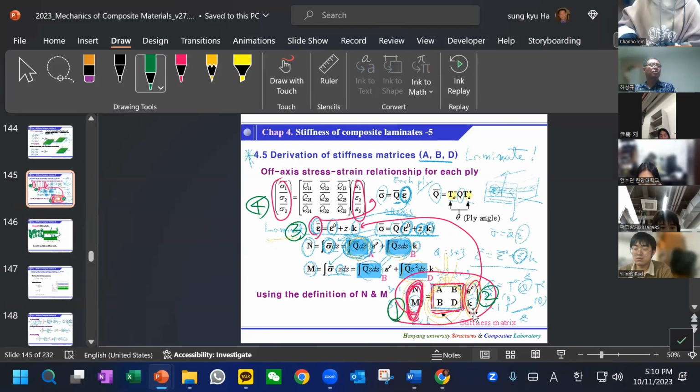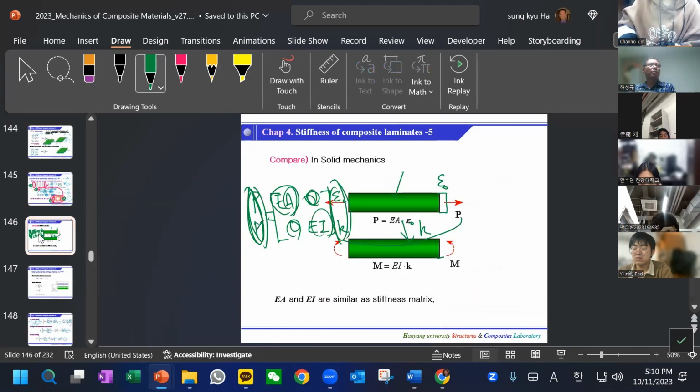And then to do so, we need to take it step by step. Even to reach this one, we skip many things, but we start with sigma equal E epsilon. This is the basic material property, right?